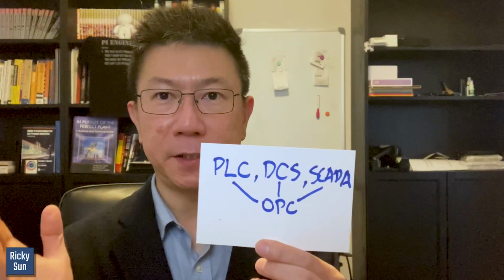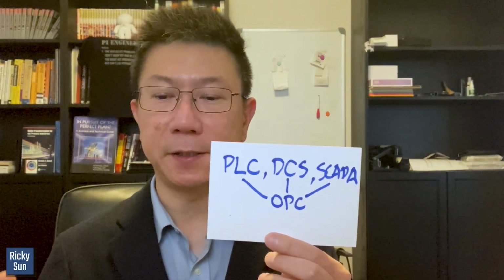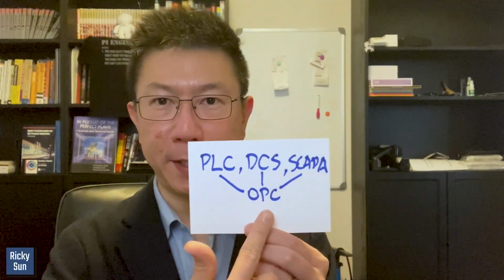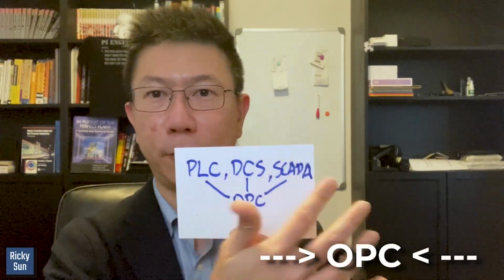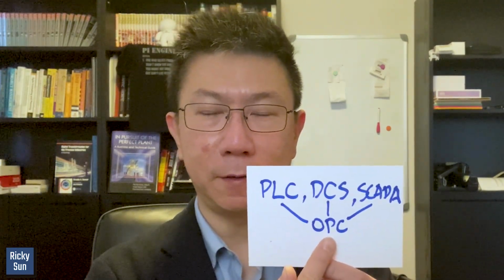Why is this here? What I see is different systems out there: the PLC, the DCS, the SCADA system. They all speak different languages. How do OSIsoft or AVEVA get the data from so many systems? Luckily there is OPC.